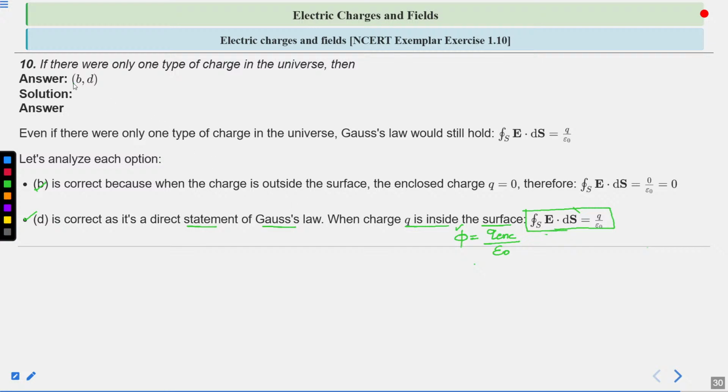So B and D both are correct. Now, if you have any doubt related to electric charges and fields, please ask.